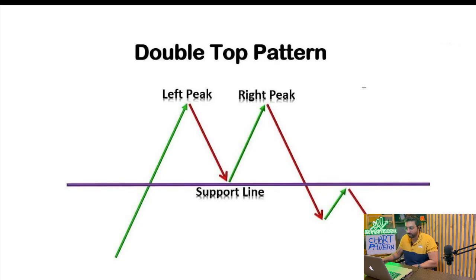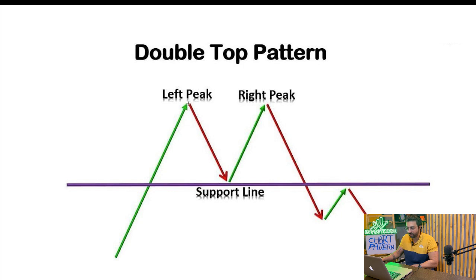Okay guys, so today we will learn about our first chart pattern, which is a reversal chart pattern known as the double top pattern. In this picture, you are seeing that the market is in an uptrend. The market is going up.